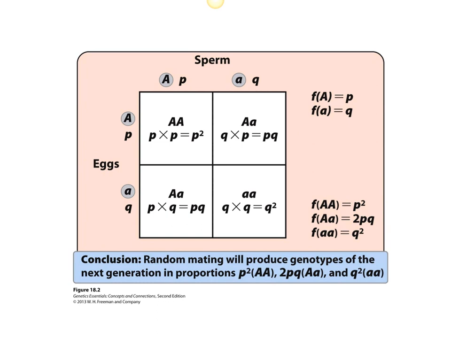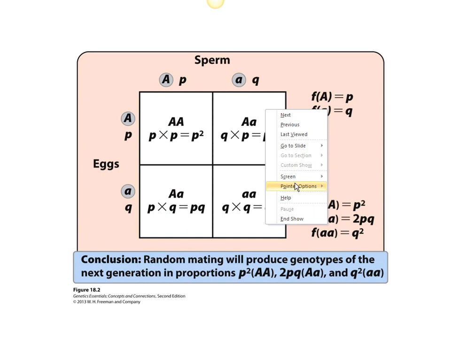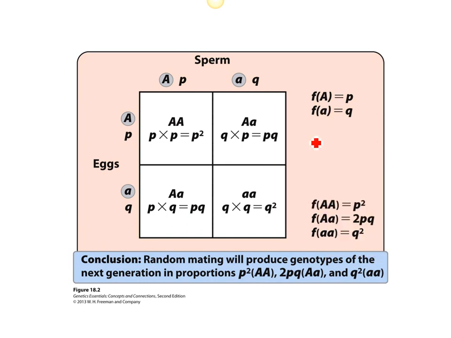I know that's overly simplistic, but assuming there are only 2 alleles, p plus q has to equal 100% or 1. So we would add p plus q equals 1. That's one of our rules.